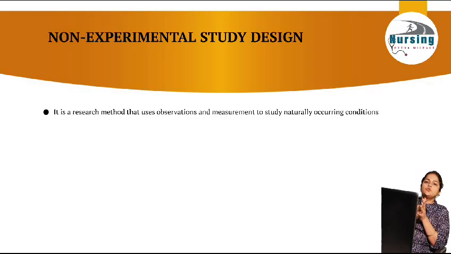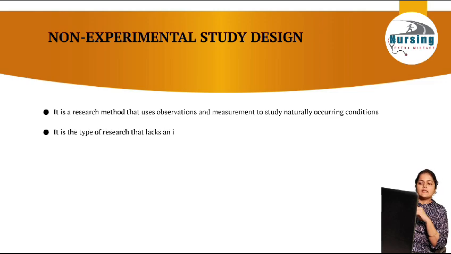So I will see what is the effect of one thing over the other, but I'm not experimenting anything. I will just observe, and I will also not manipulate. It is the type of research that lacks an independent variable. So in non-experimental study design, independent variables are actually not present, but there can be some rare conditions.